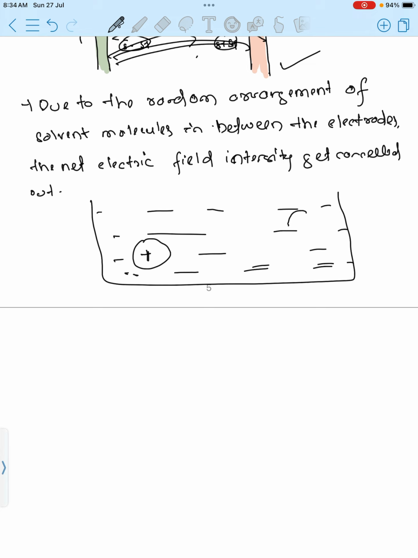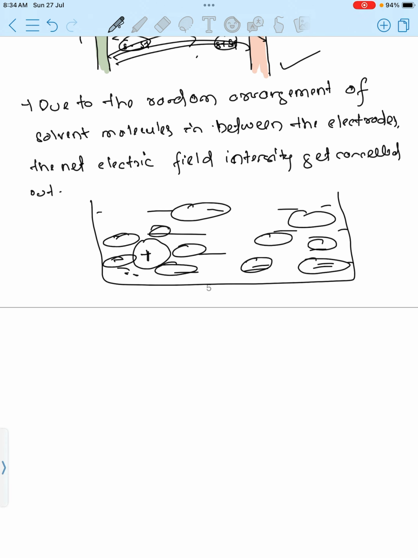And there will be solvent molecules. They were present randomly. But just consider the solvent molecules which are present near to the ion and the solvent molecules which are present far away from the ion.